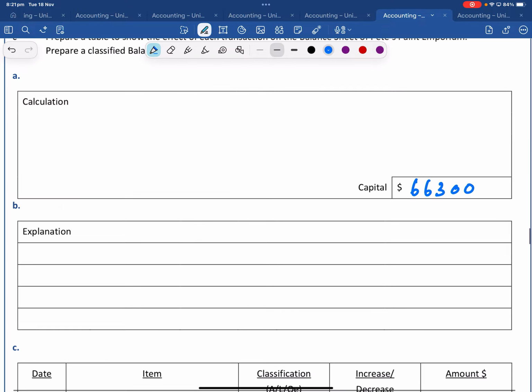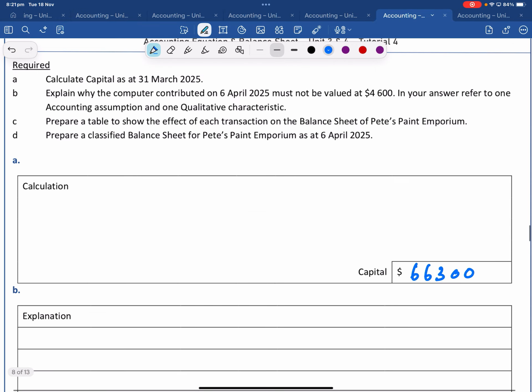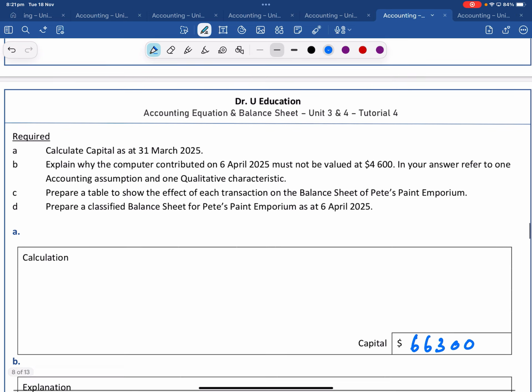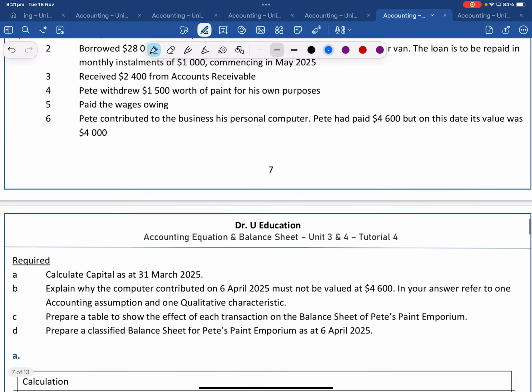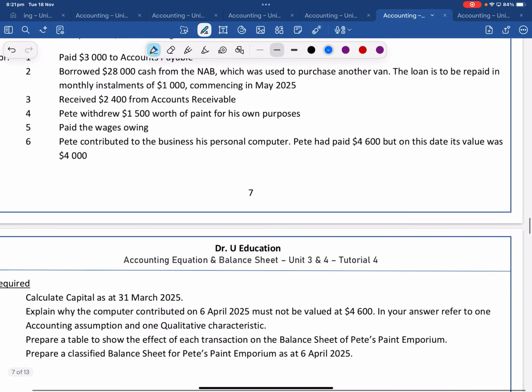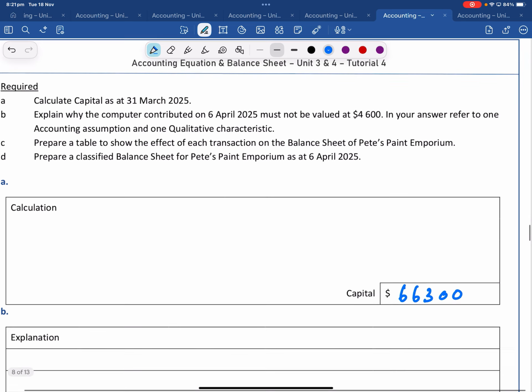Okay, so we'll write it. Why? Because 4,600 is how much he paid for it, while 4,000 is how much it actually is. The amount that he paid for the computer is not relevant to the business. Yes. Correct.